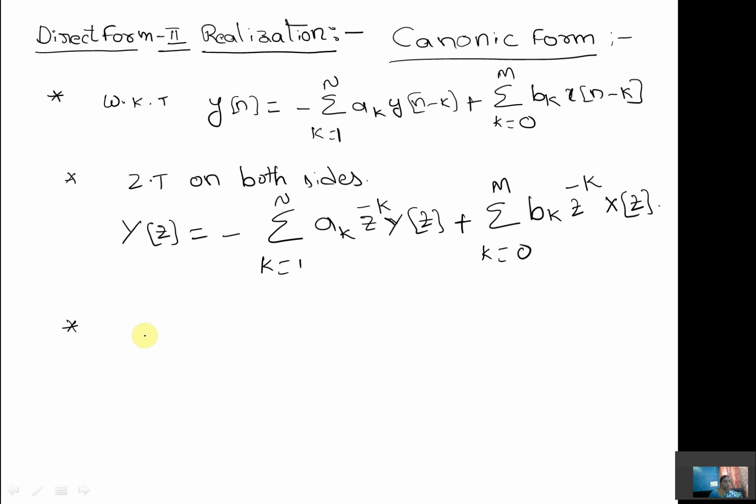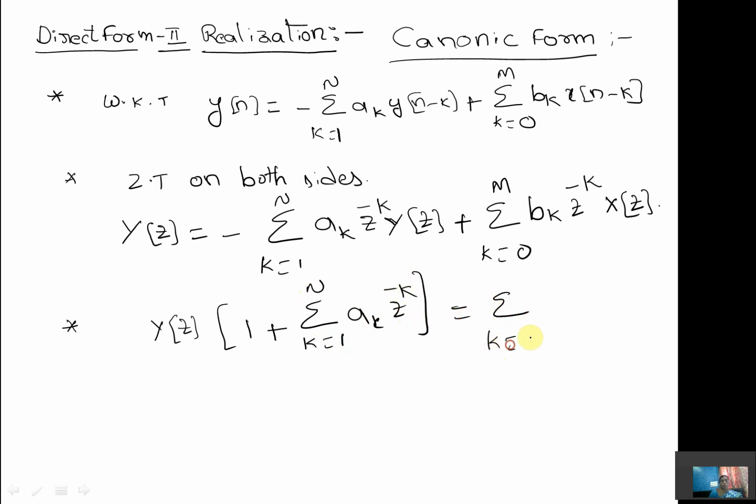So here y of z is common, take this term to this side, then take y of z as common. Now 1 plus summation k 1 to n ak z power minus k is equal to summation k 0 to m bk z power minus k into x of z.